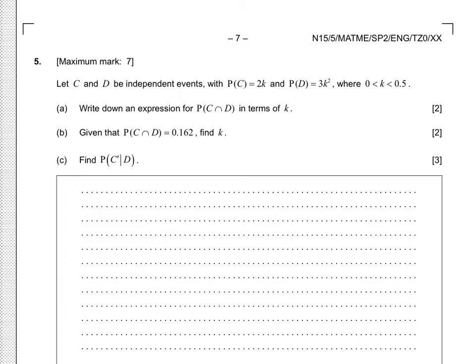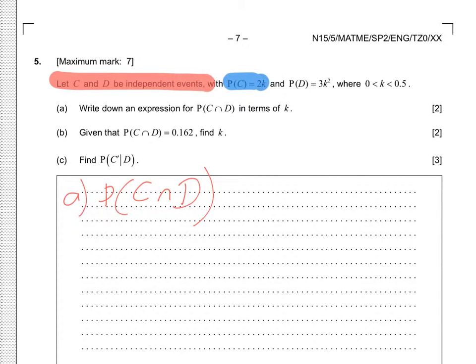So the first thing, part A, is asking you to evaluate the probability of C intersect D. Given the fact, this is a useful fact here, that C and D are independent, and we've got a value for the probability of C happening and a value for the probability of D happening.